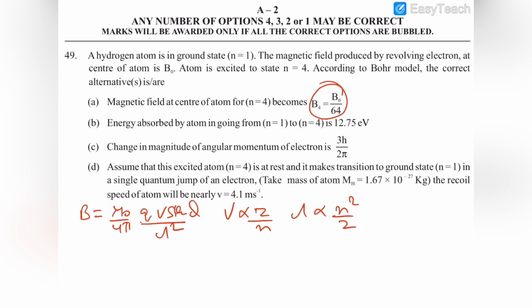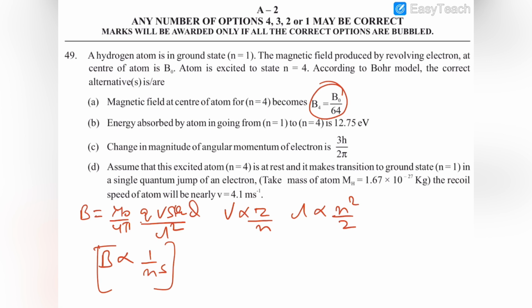So you can see that B would be proportional to the inverse of n to the power 5. If you substitute the value of r here, then it would be n to the power 4, and if you substitute the value of v, then it would be 1 upon n, and therefore it would be n to the power 5.